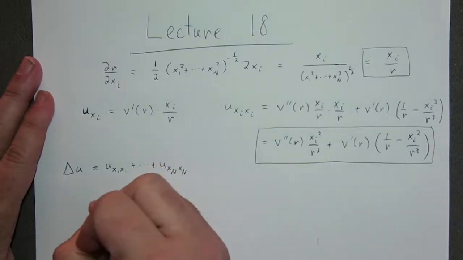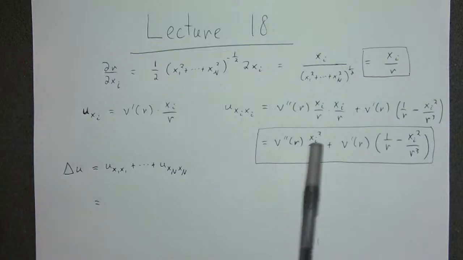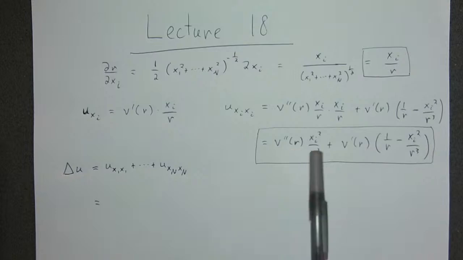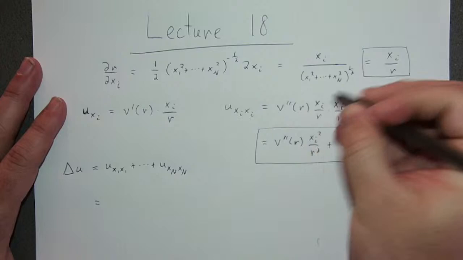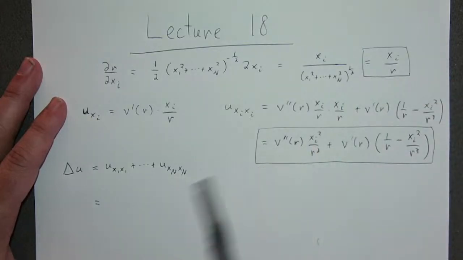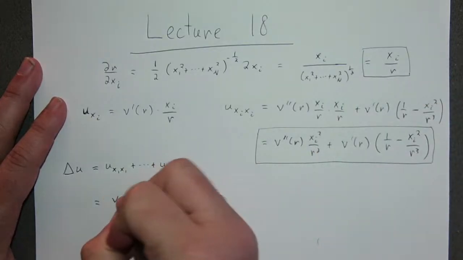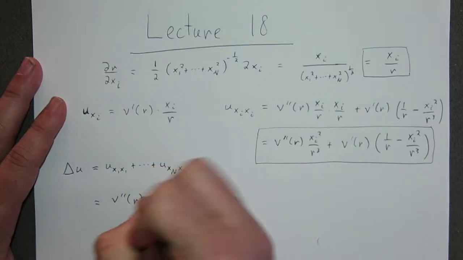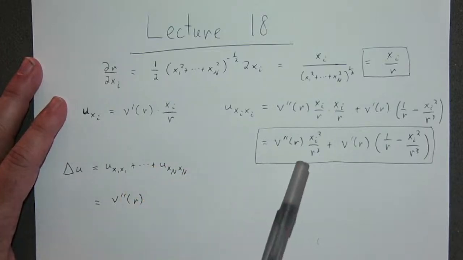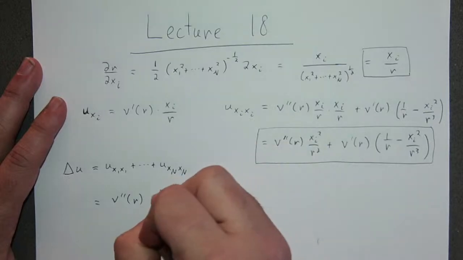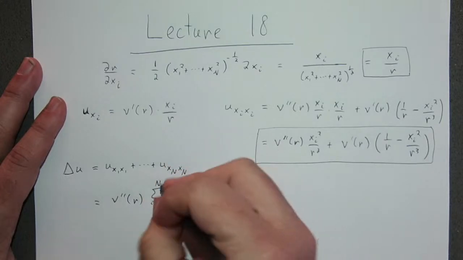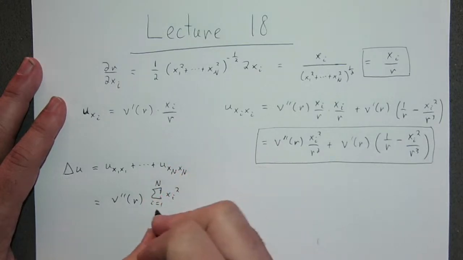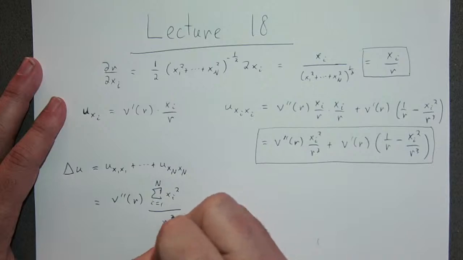So this v double prime of r doesn't depend on i. This isn't indexed, so in my sum, I can pull that out of the sum. So this would be v double prime of r times the sum from i equals 1 to big N of x sub i squared over r squared.